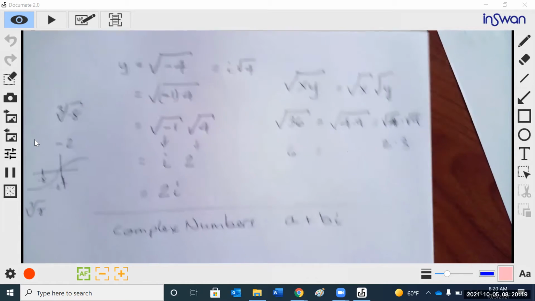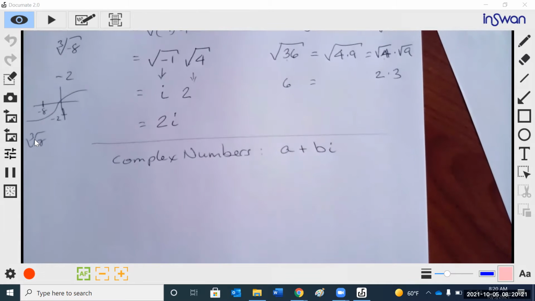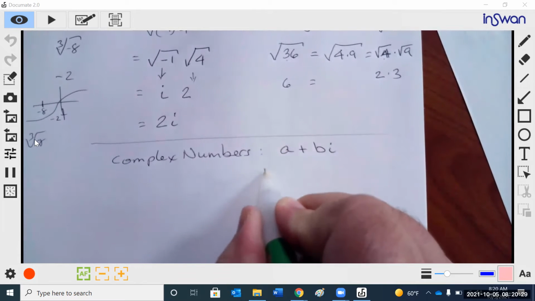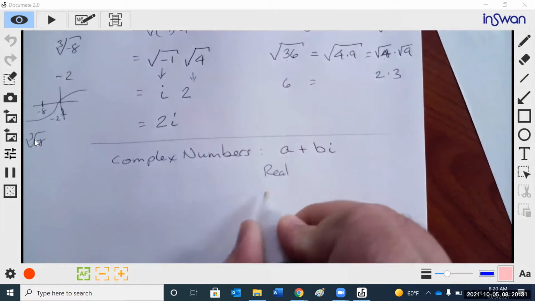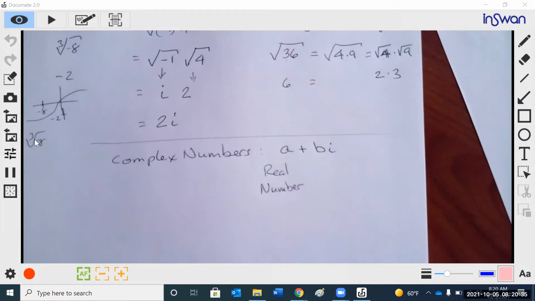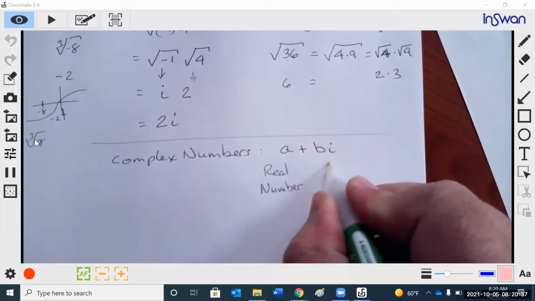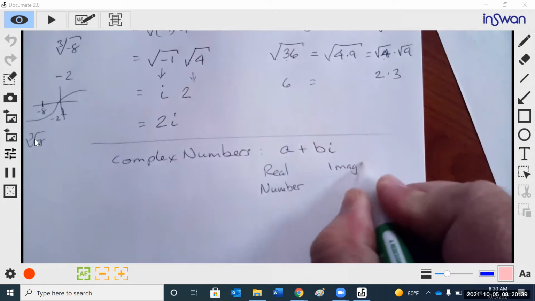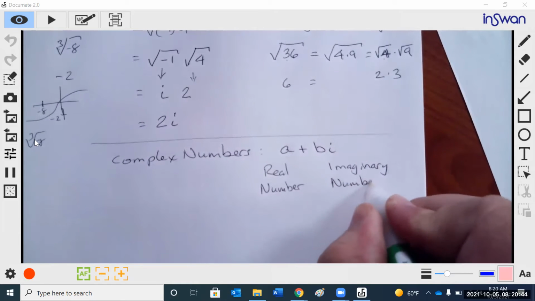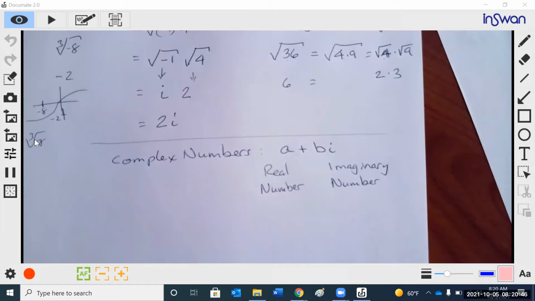Now, every number is a complex number. This, the a, is the real number. The b is the imaginary number.